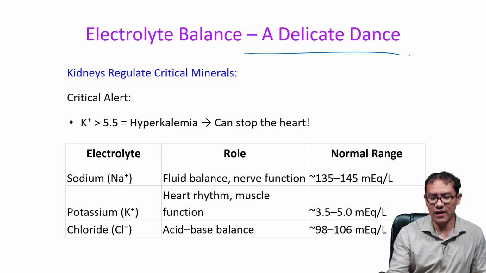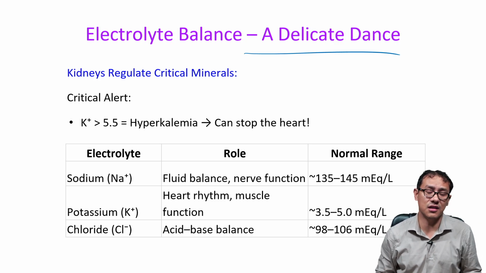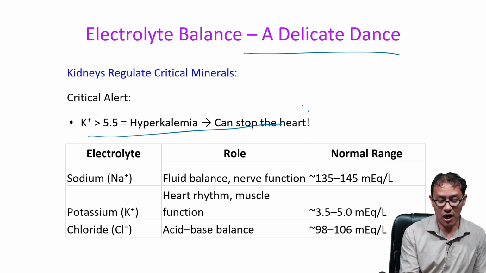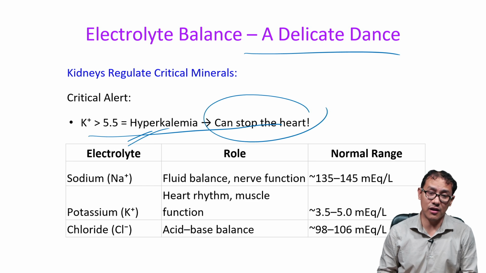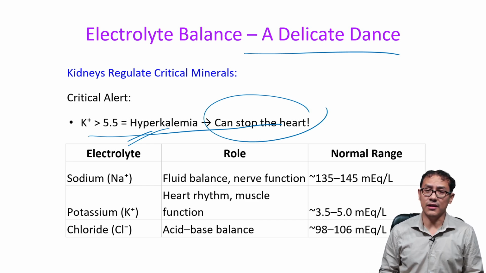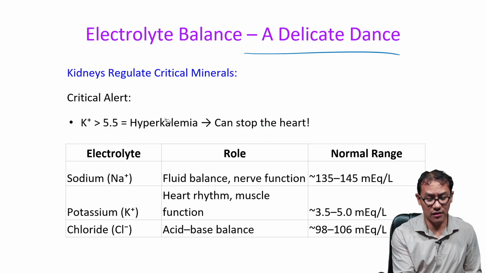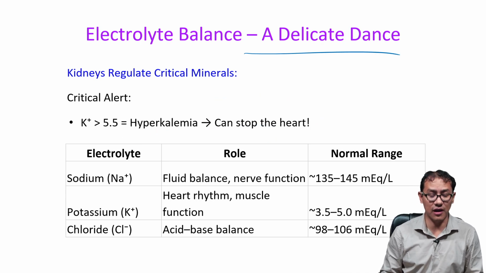Electrolyte imbalance is a delicate dance, because many other systems and important functions of the body depend on it. For example, for the heart, if the potassium goes very high, then the heart may stop and the person may die. That is why the kidney plays a critical role in maintaining the concentration of the different electrolytes.